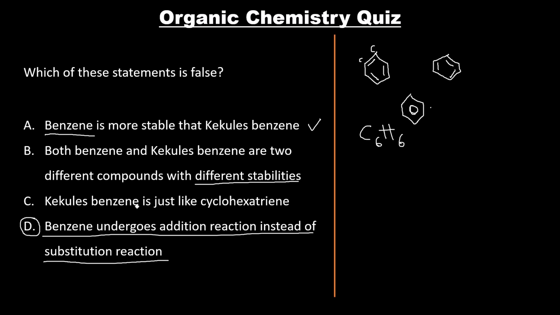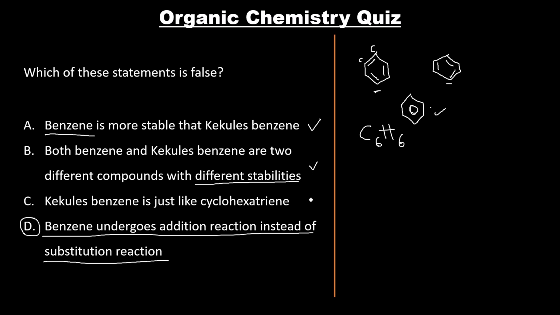The delocalized benzene structure represents it this way, while the Kekule structure represents it this or this. So that means we can actually say this statement is also true.